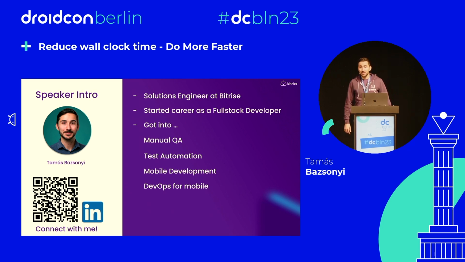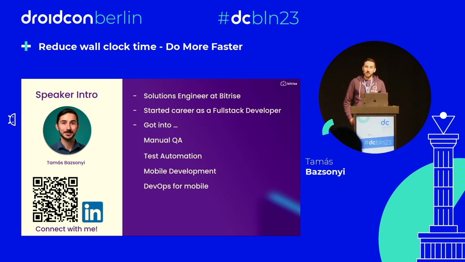So I'm Tamás. I'm a part of the solutions engineering team at Bitrise. I initially started my career as a full-stack engineer. I've been working with Java, .NET, working mainly on an enterprise buyer platform. And after a couple of years, I decided to move into the QA space.